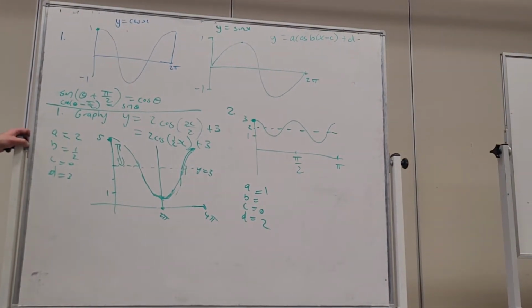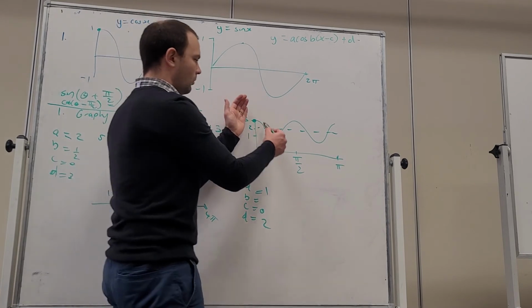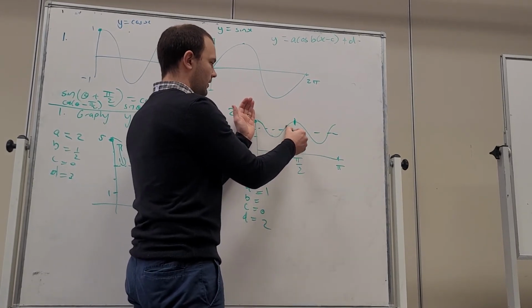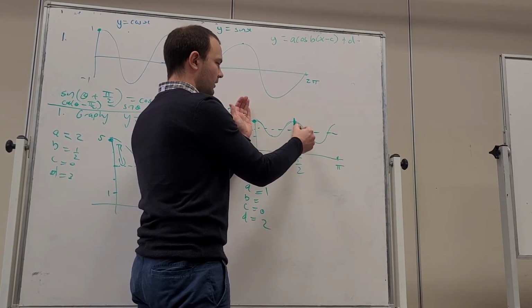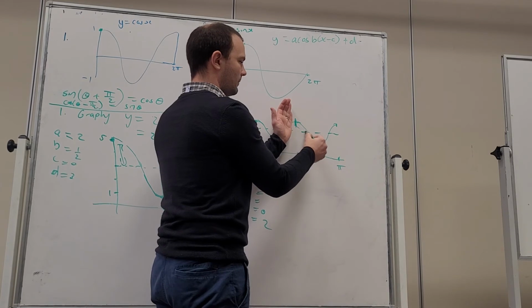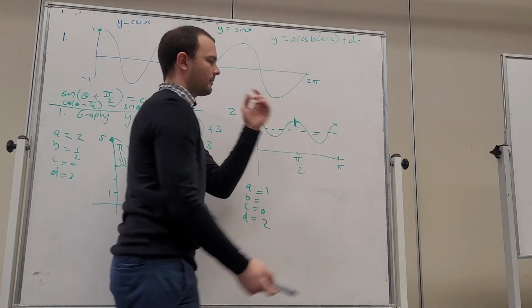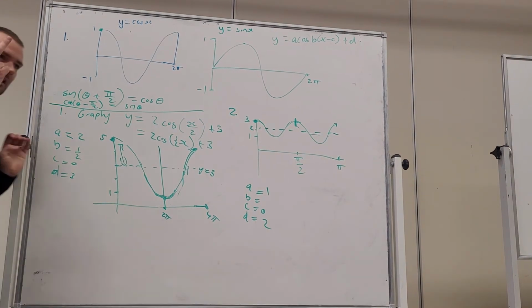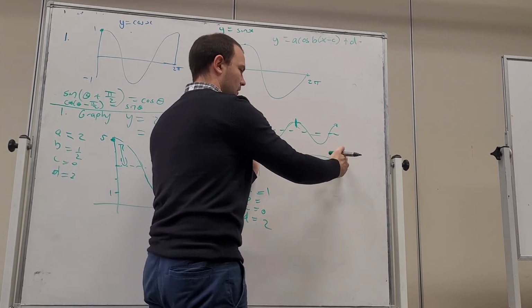Okay? What we can see is we've got one wavelength to there. Half a peak, a whole trough, and then another half a peak. So that's one wavelength. And then we have another wavelength to there. Again, half a peak, a whole trough, and another half a peak. So we have 2 wavelengths in pi.